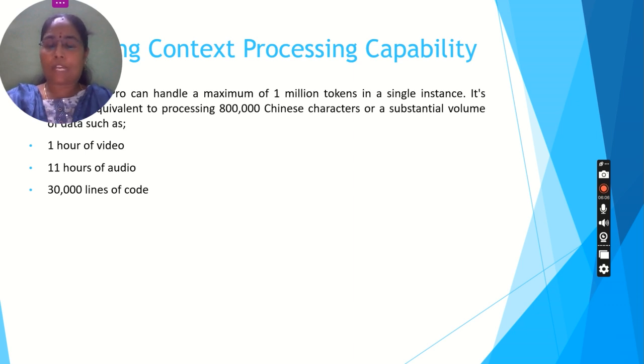So it has the capacity to process 1 hour of video, 11 hours of audio, and when you give some 30,000 lines of code, it will show you the errors and things. It has the ability to process this kind of long context when given as an input to this AI.